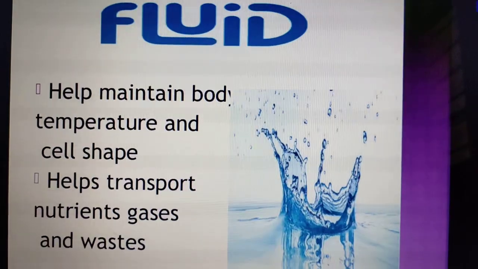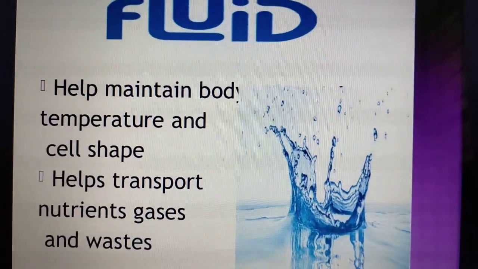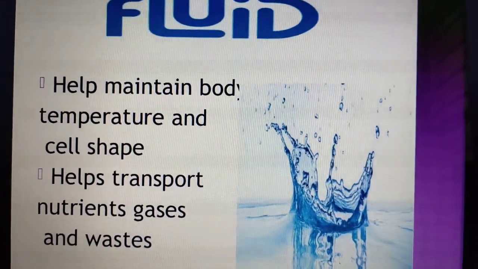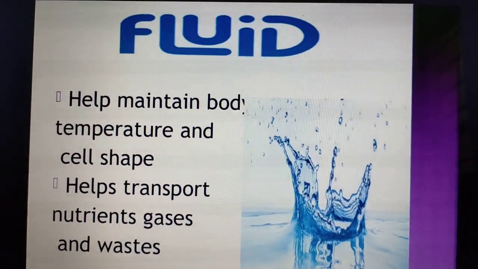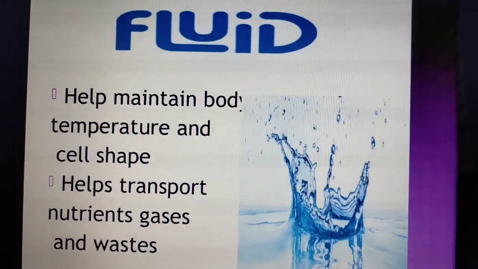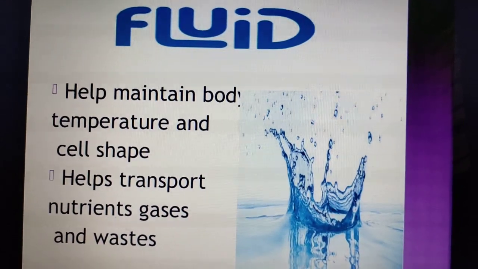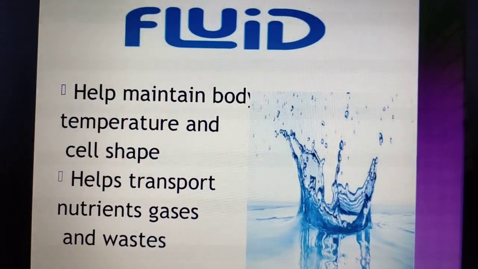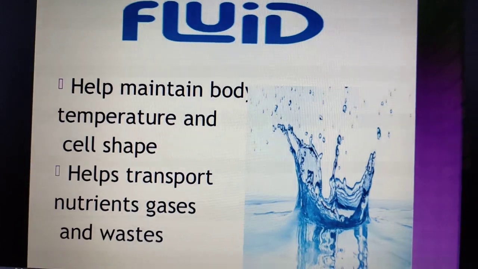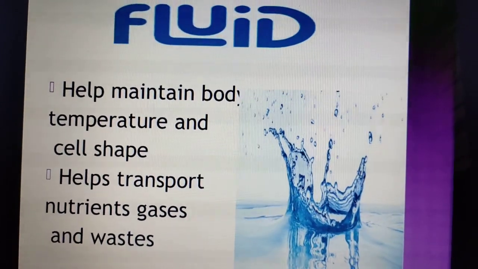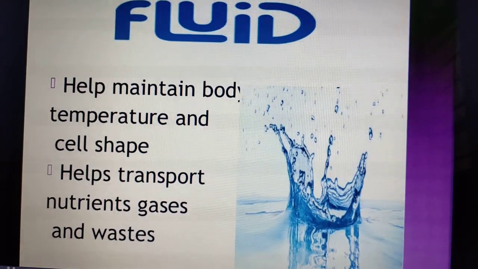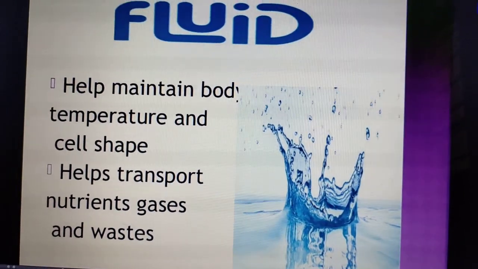We all know in the anatomy of a cell, inside the cell also fluid is present, outside the cell also fluid is present. The fluid inside the cell we call intracellular fluid. The fluid present outside the cell we call extracellular fluid.